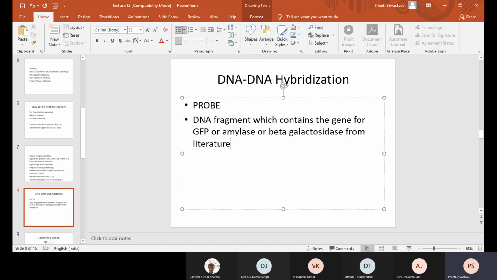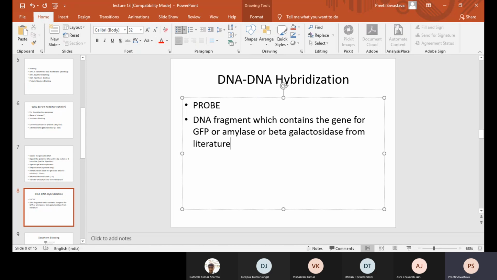So when, for example, you are interested in identifying the gene for GFP or alpha amylase or beta galactosidase from an unknown organism whose sequence is not known, then what we do is we use the probe, which is actually a DNA fragment which contains these genes from known organisms, right?